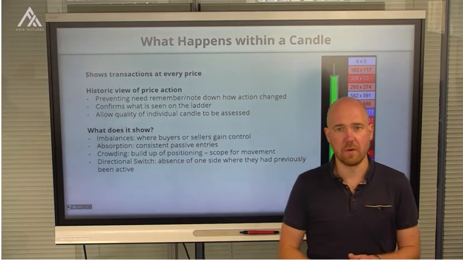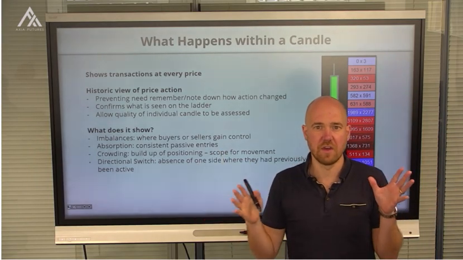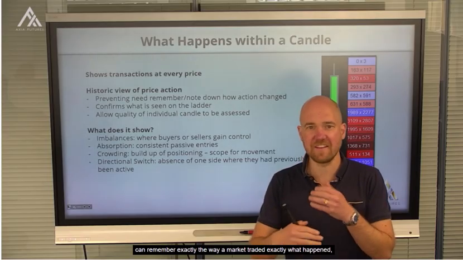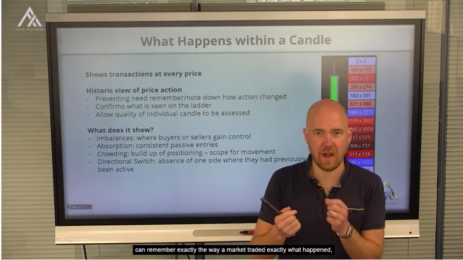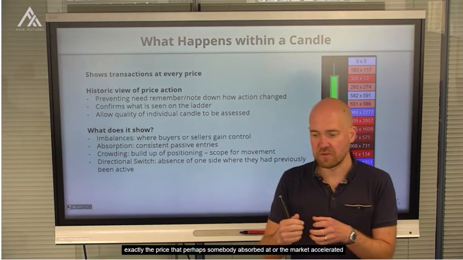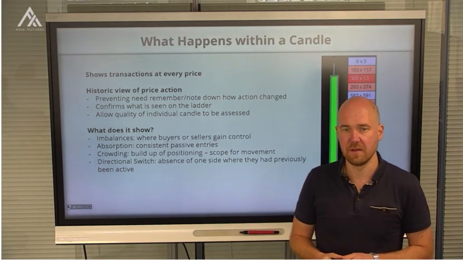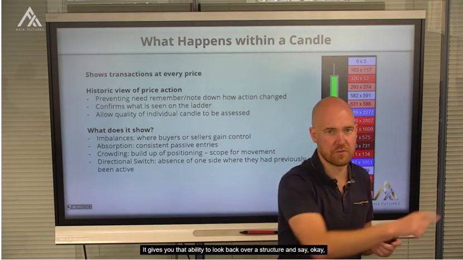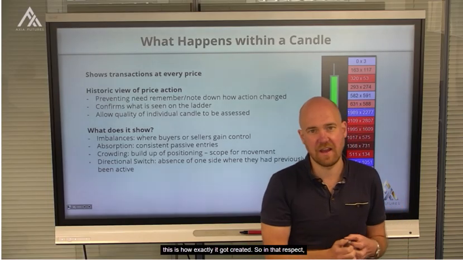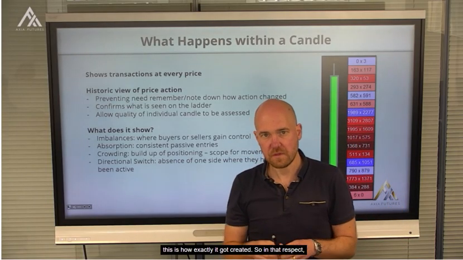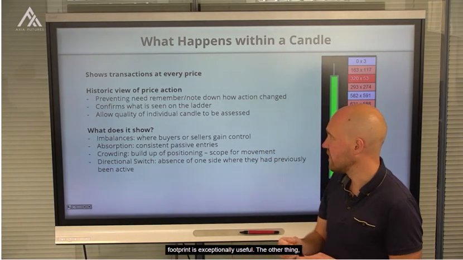Now, nobody, no matter how great a memory you've got, can remember exactly the way a market traded, exactly what happened, exactly the price that perhaps somebody absorbed that or the market accelerated from. Footprint gives you that ability. It gives you that ability to look back over a structure and say, okay, this is how exactly it got created. So in that respect, Footprint is exceptionally useful.